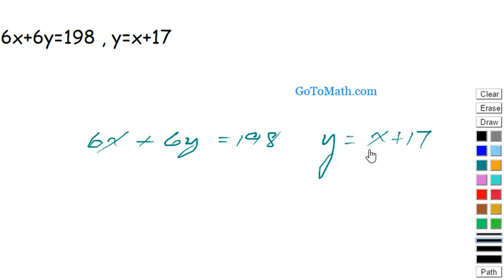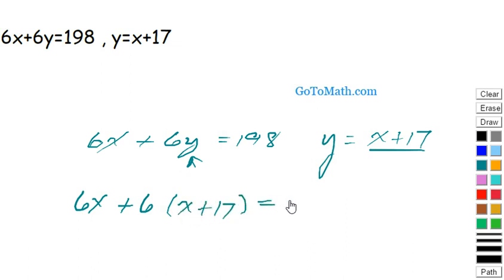And so what I'm going to do is I'm going to take this x plus 17 and plug it in right here, okay? So we end up with 6x plus 6 times x plus 17 is equal to 198.